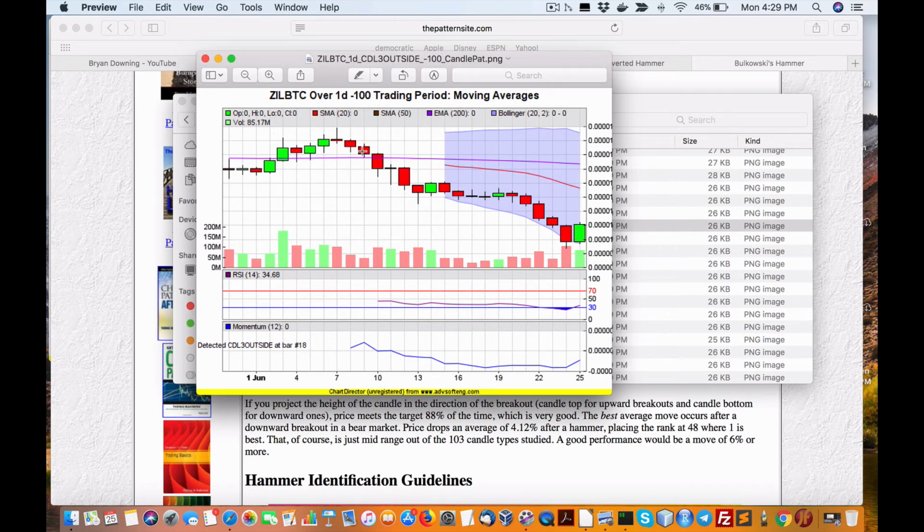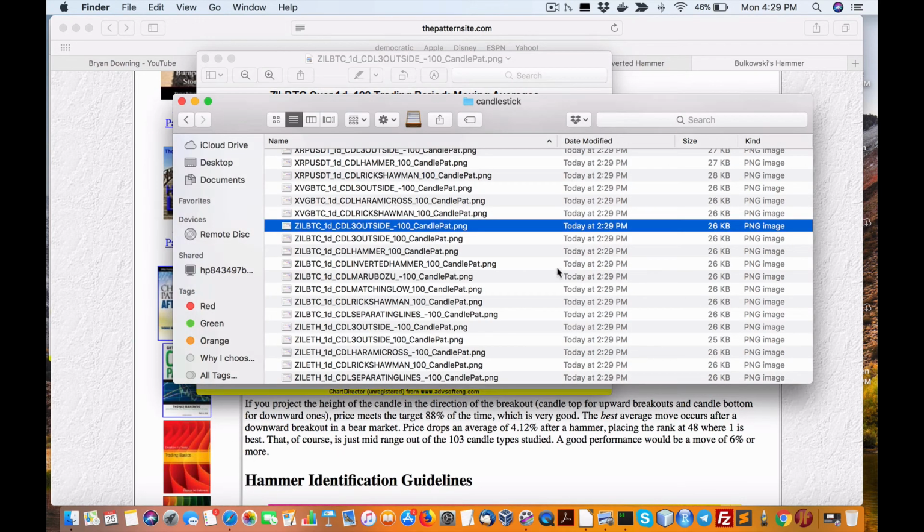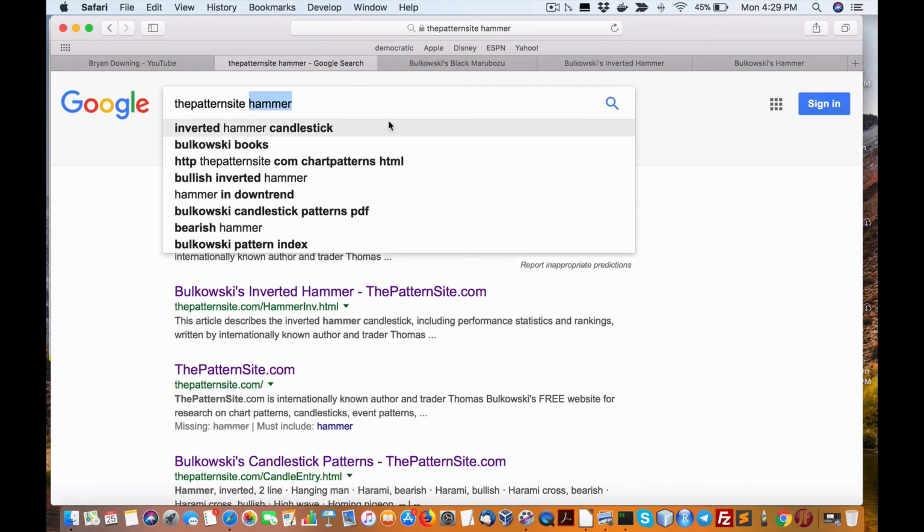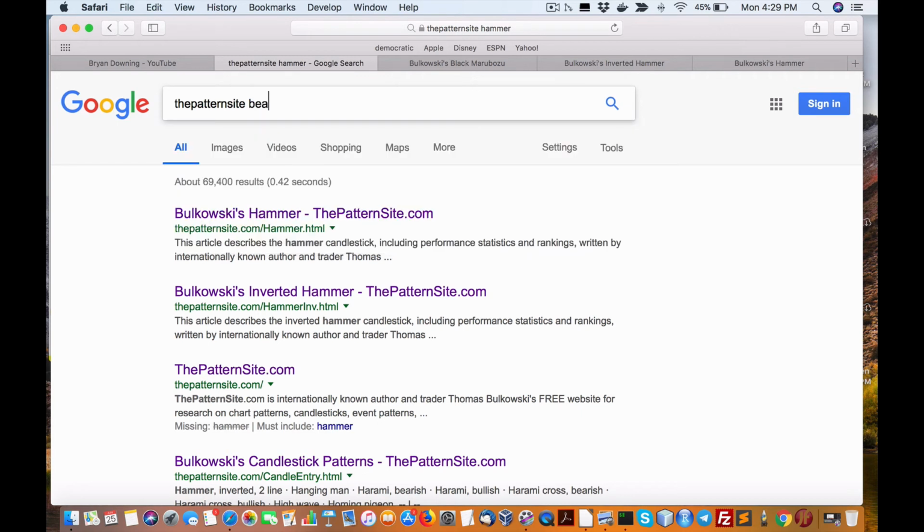Let me just see what we have here. Okay, so we've got outside. Now, have we done it? Yeah, so we've done the outside, but that outside was bull. So this is a bear. So bear 3 outside.